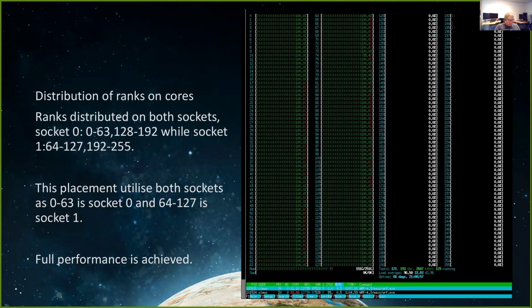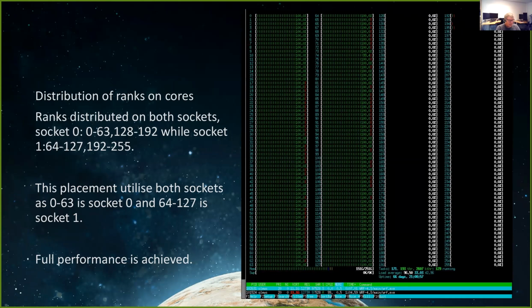So we can run something called htop, which lists them out. Here we can see that the ranks are distributed on both sockets, because 0 to 63 is socket 0, and 64 to 127 is socket 1. So we are using both sockets, full performance.